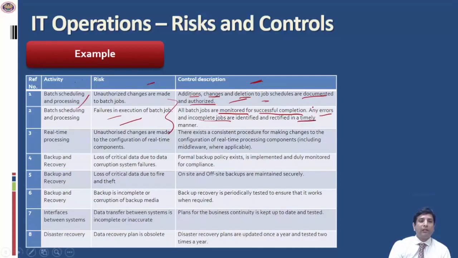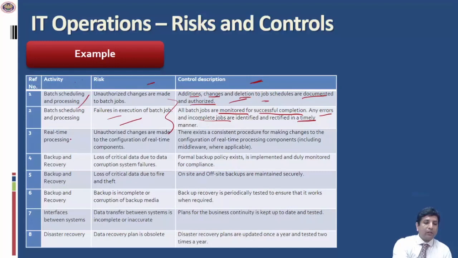So here we see that the company has a process of monitoring for the successful completion of batch jobs, and in case there are any errors or failures in the job, they are rectified in a timely manner. With these two controls, we can be assured that the risks mentioned here will be adequately covered.